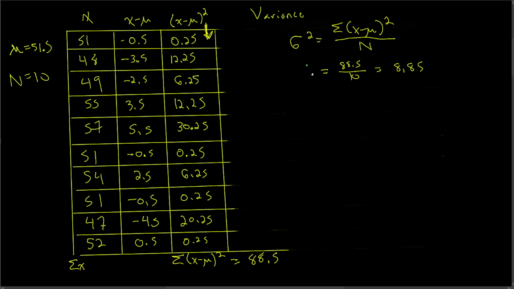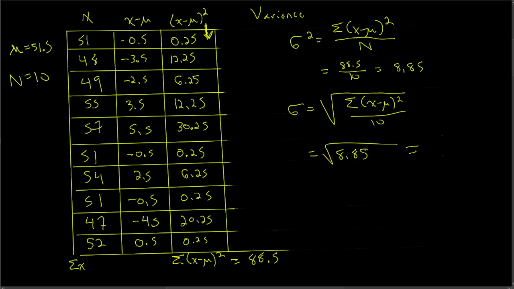Well, if I want to turn the variance to a standard deviation, the standard deviation is the square root of the variance. And so we're looking for the square root of 8.85.